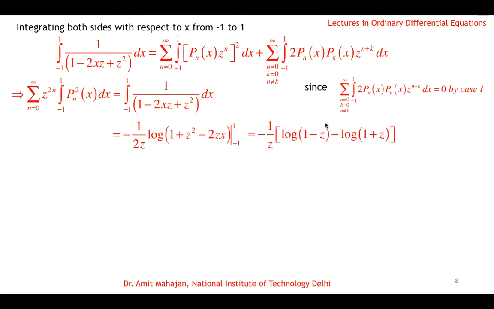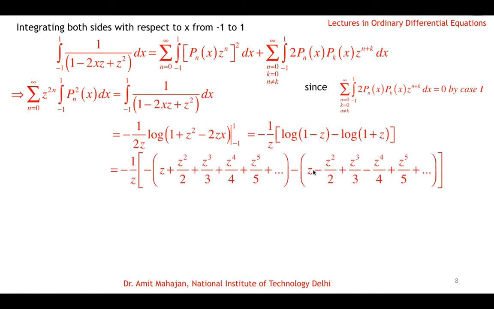On the upper limit it will be 1 minus z whole square, so 2 cancels, and on the lower limit it will be 1 plus z whole square, so these will cancel with that. Then we know the expansion of the log function, so we can expand this into an infinite series and also this into an infinite series. Then we can combine these two terms to write it as 2 times this, and this can be written as a summation.